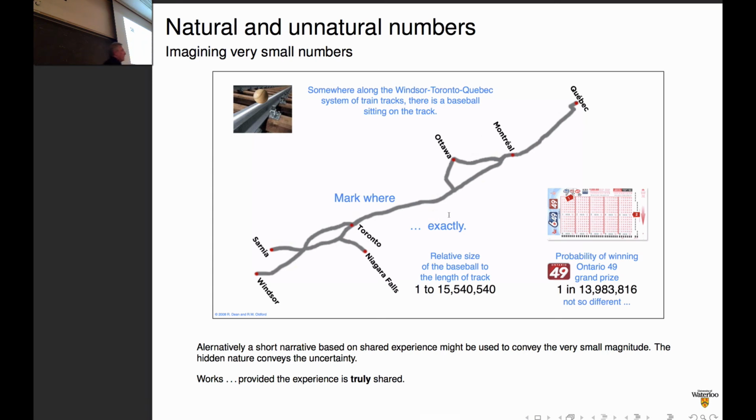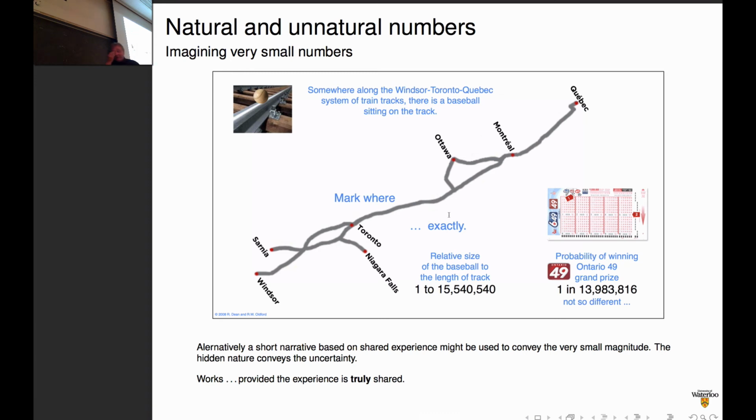Think of that railway track and think about a baseball, and then place that baseball somewhere along that track. And now you pay me money to guess exactly where. That sort of thing gives this story a narrative and an understandable length measure.